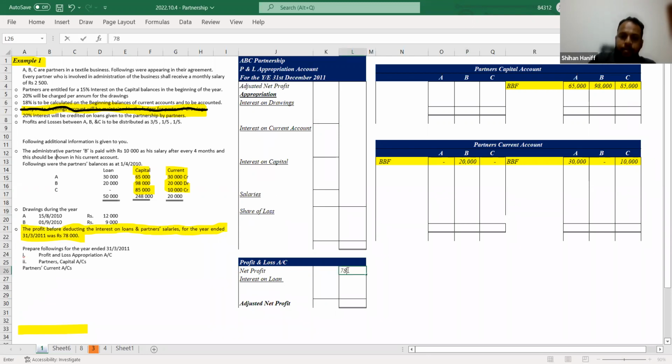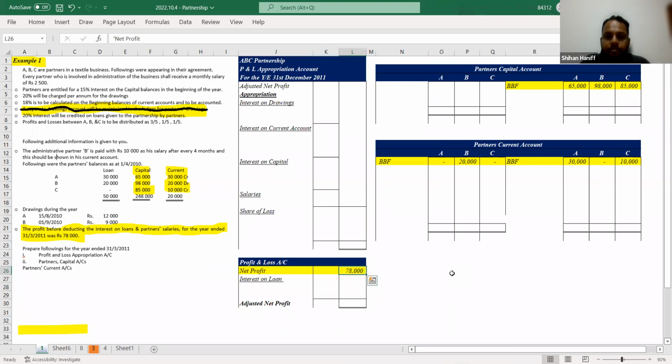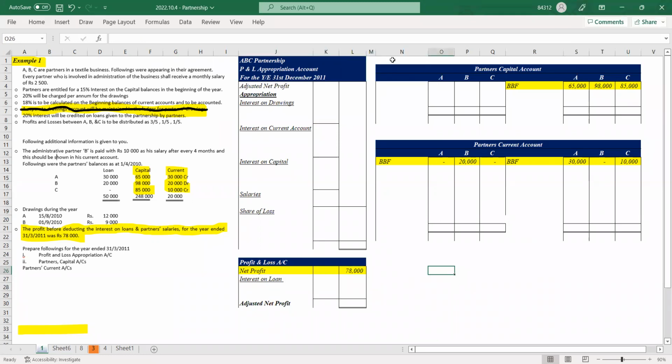So we'll put it 78,000 as the net profit. Opening balances.